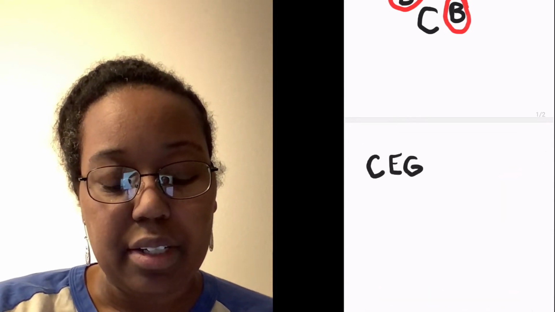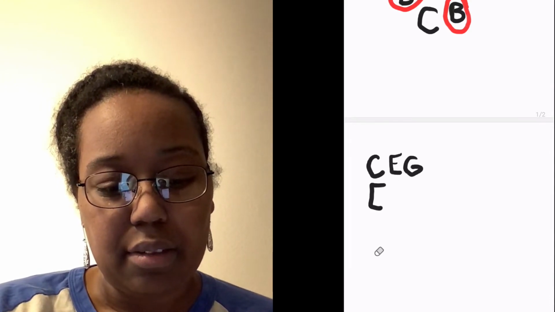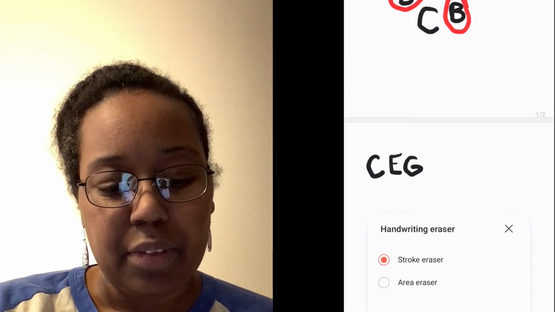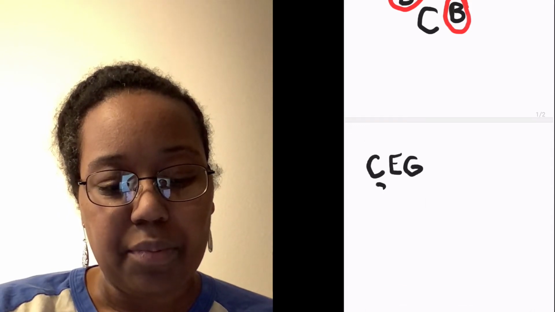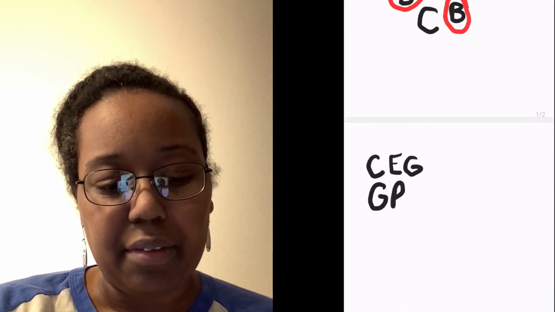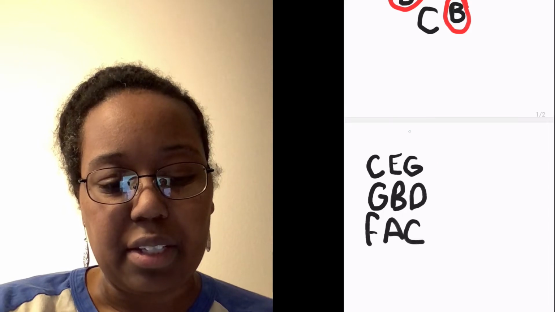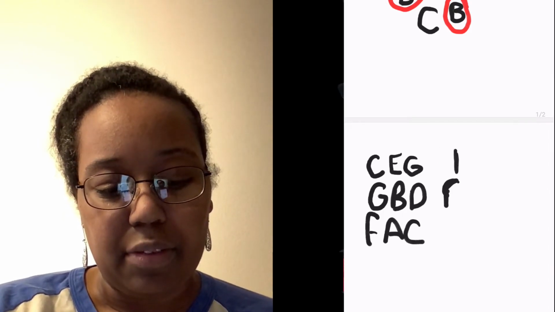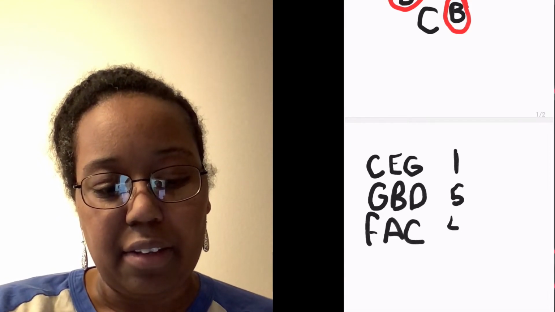If you ever wanted to know how to play something in just the most simple fashion, your 1 chord, your 4 chord, and your 5 chord are it. So let me get that down so you can see that. This was the 1, this is the 5, and this was the 4. It's giving me something else that I'm just now seeing, so I'm going to put the numbers there: 1, 5, and then 4.